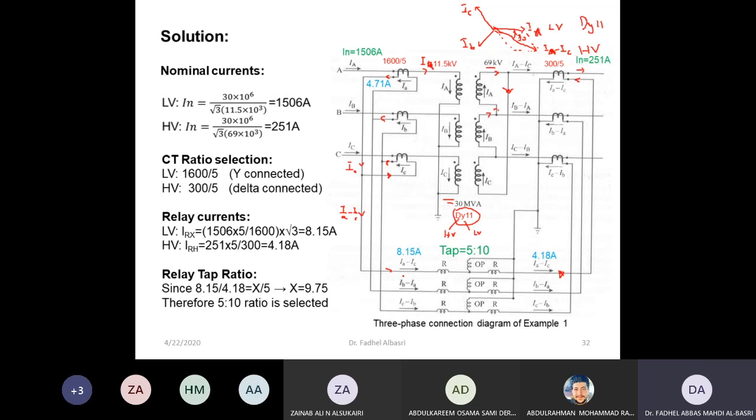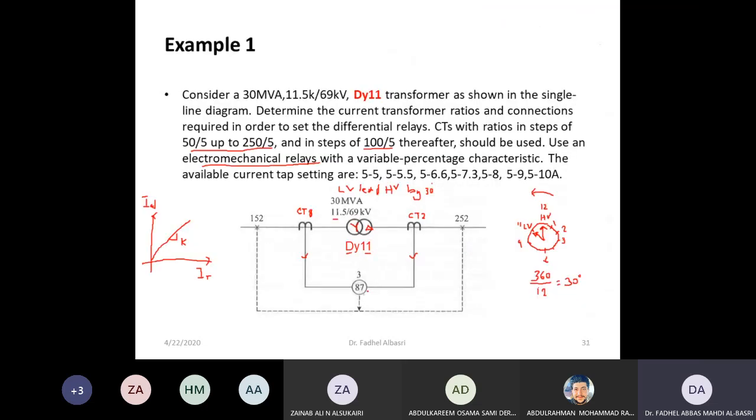So they are in phase, okay, as a result. So I corrected the phase, so they are in phase. As a result, I have no issues with phase, but I have a problem with magnitude, to be corrected by adjusting the internal tap of the differential relay.